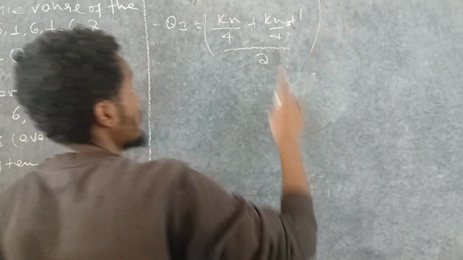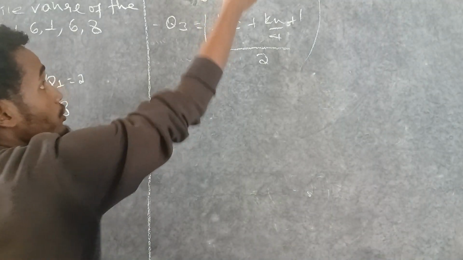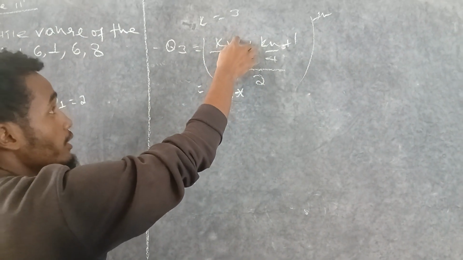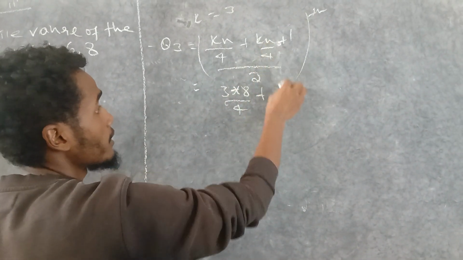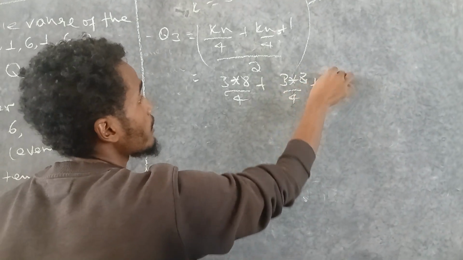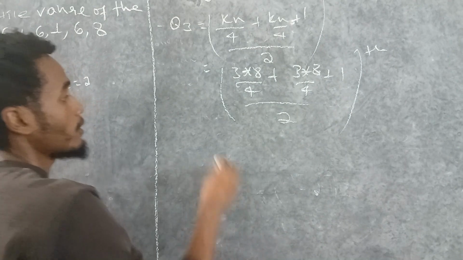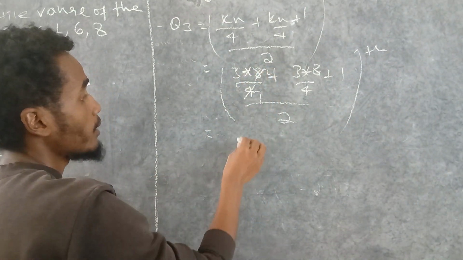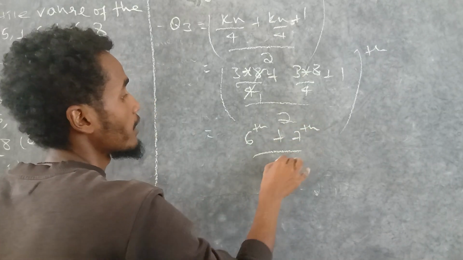Our k is 3, and our number of data is 8. So 3 times 8 over 4 is 6, so it is the 6th item plus the 7th item, divided by 2.